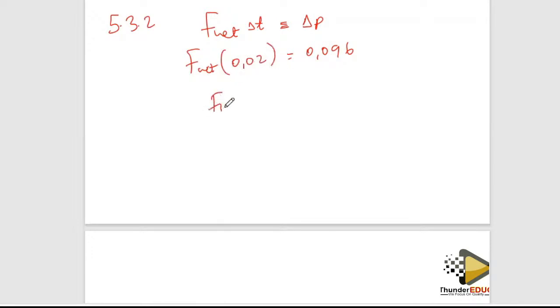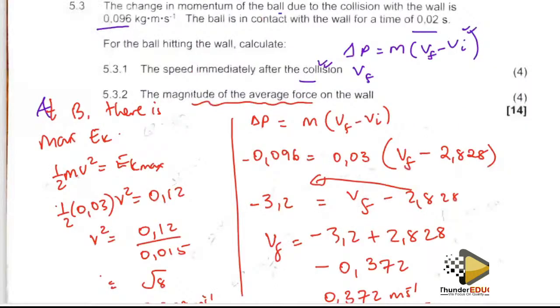I'll divide both sides. So 0,096 divided by 0,02. Punch that in the calculator, I'm getting 4,8. It's a force, therefore we have 4,8 newtons.